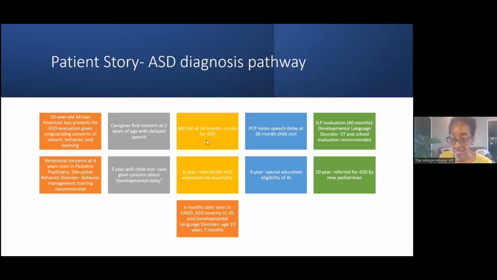At his 5, 6, and 7-year well visits, the caregiver persisted in her concerns about his communication and his behavior. At 8 years, he was referred back to psychiatry, where psychiatry raised concerns about the possibility of autism. They referred him for an autism evaluation.